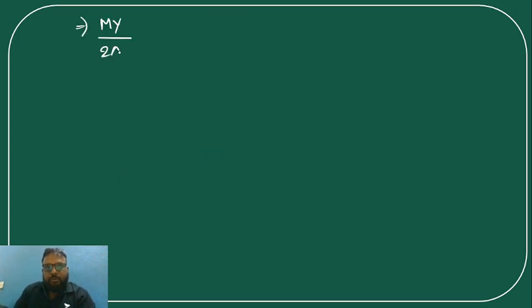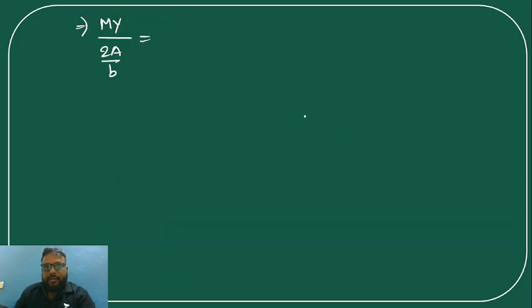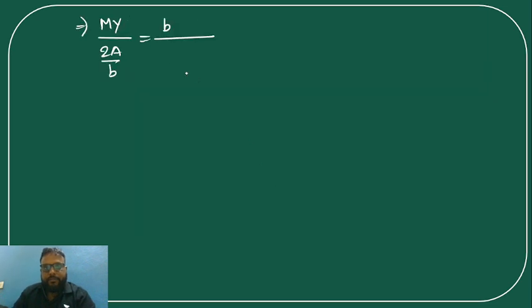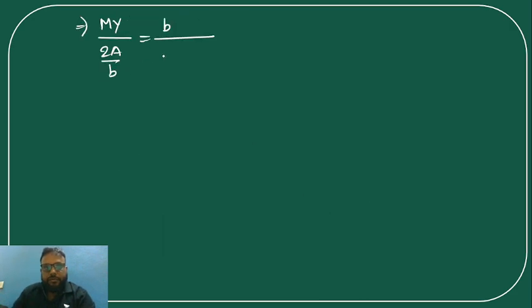So it is 2a by b equal to xy. Xy is b, right? It is b by xz. Xz I got as under root of b to the power of 4 plus 4a square by b, right? So I can write this xz as under root of b square plus 4a square by b.